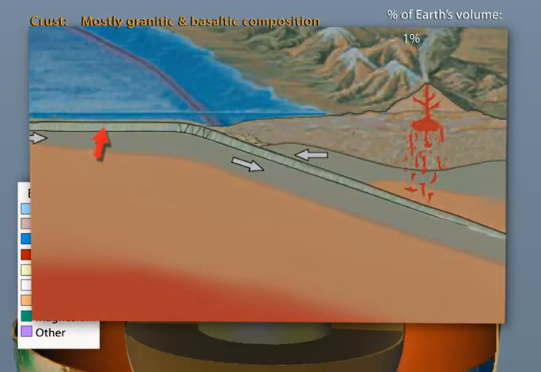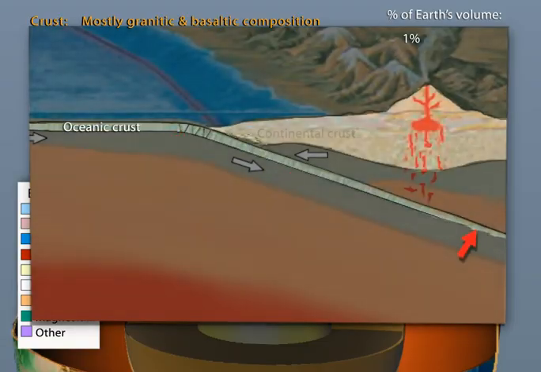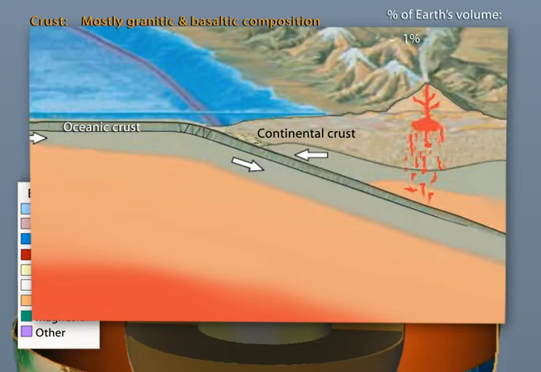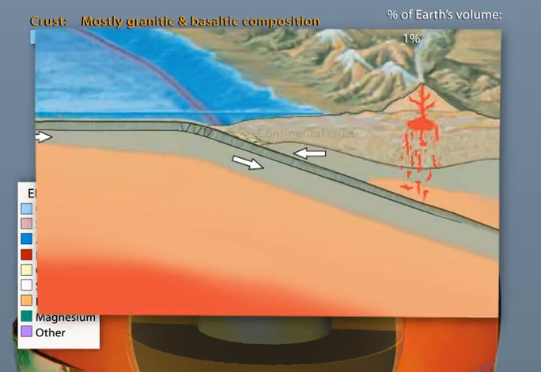The crust ranges from 5 to 10 kilometers thick in the dense basaltic oceanic crust, and up to 75 kilometers in the thicker, less dense granitic rock of the continental crust. This difference in density and thickness of these 2 types of crust is the reason why the Earth has oceans and continents. The crust is often mistaken for the tectonic plates. However, the crust is just the top part of the tectonic plates. We'll return to the topic in a moment, but first back to the 3 layers.